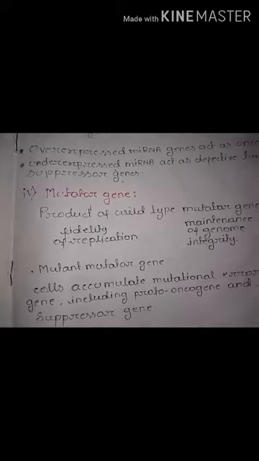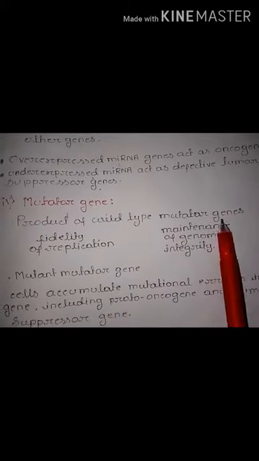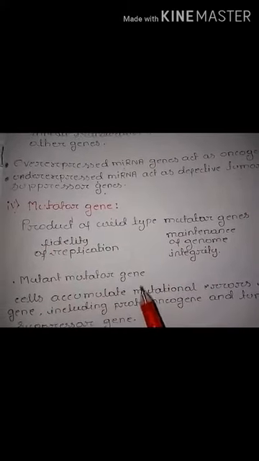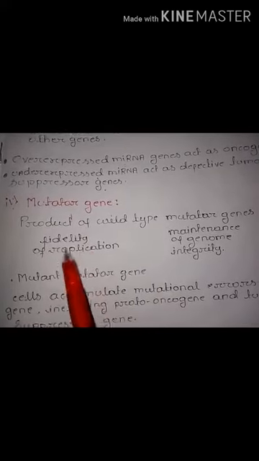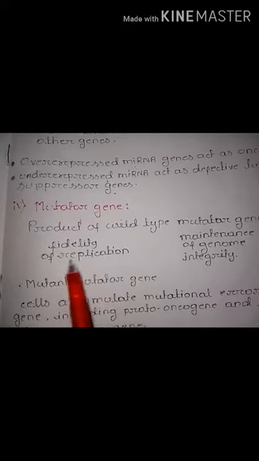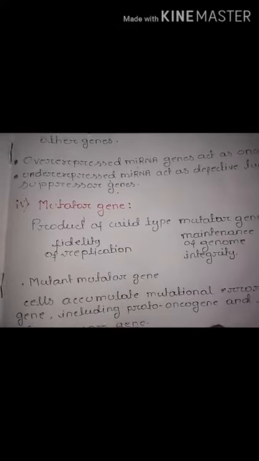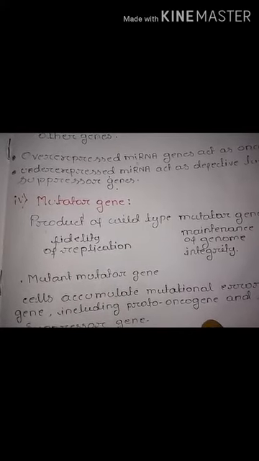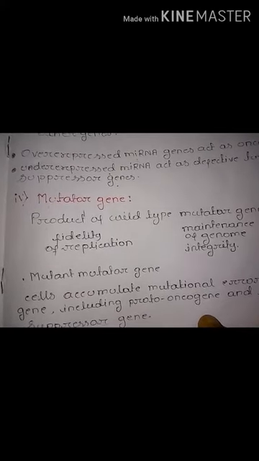Now the next important gene, the mutator gene. The product of wild type mutator genes has two functions: fidelity of replication and maintenance of genome integrity. Fidelity of replication means error-free replication, or maybe less error replication.